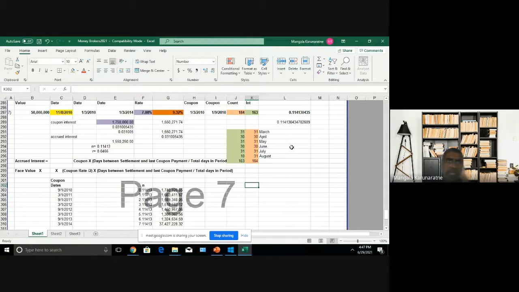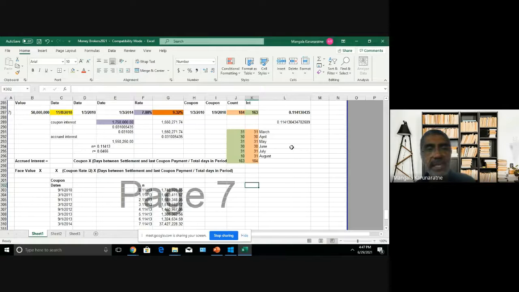So there can be slight differences in those features of those bonds. But now in this conventional bond, we should know that although the number of days are different in different coupon periods, you get equal coupon payment, right?